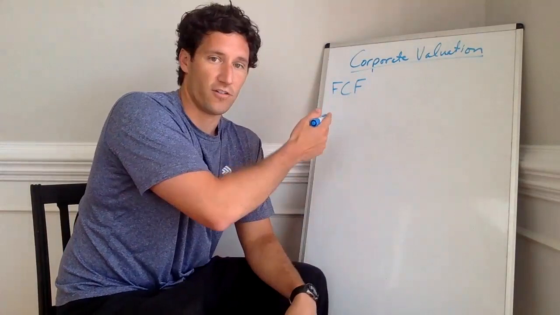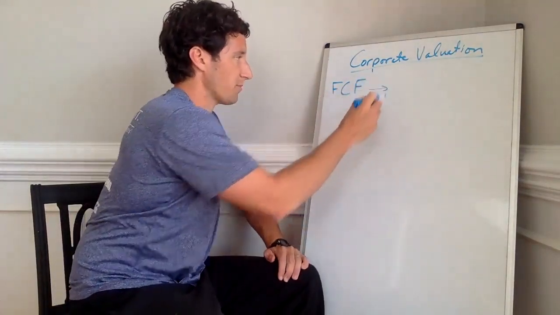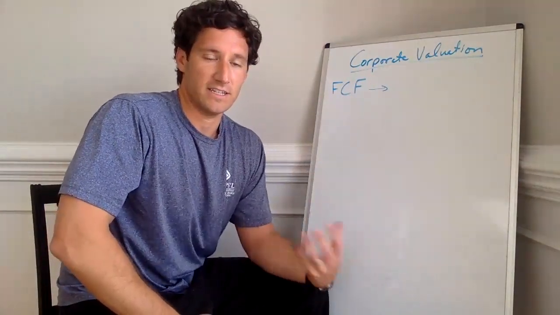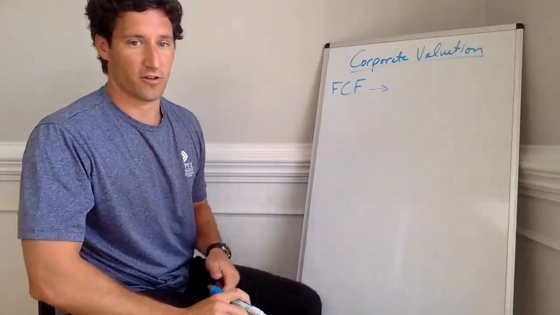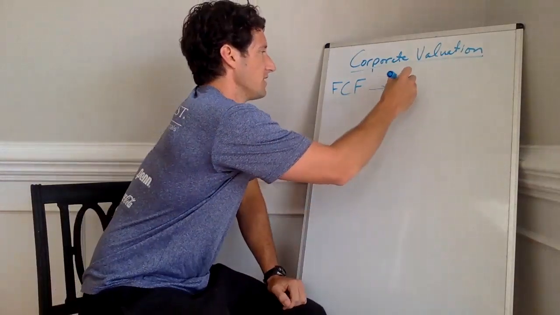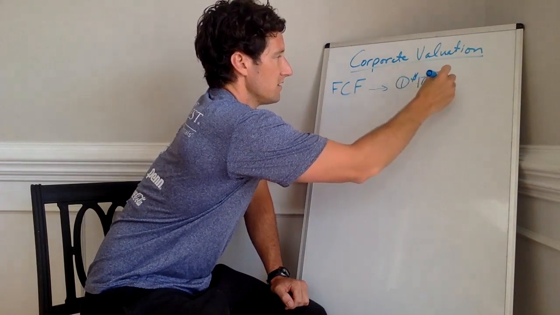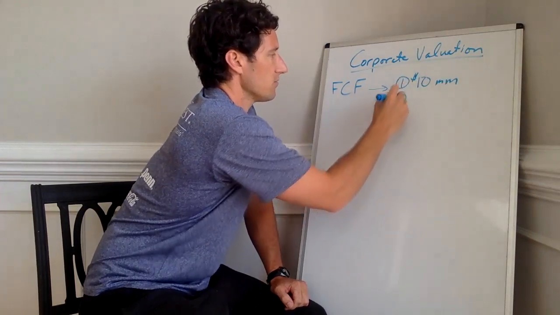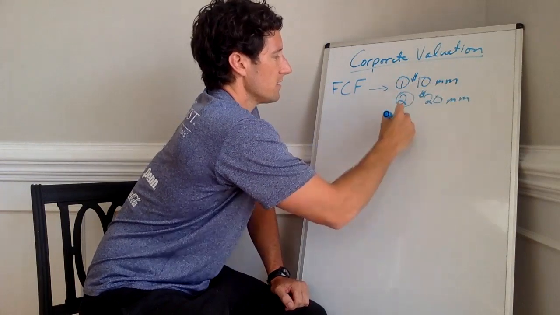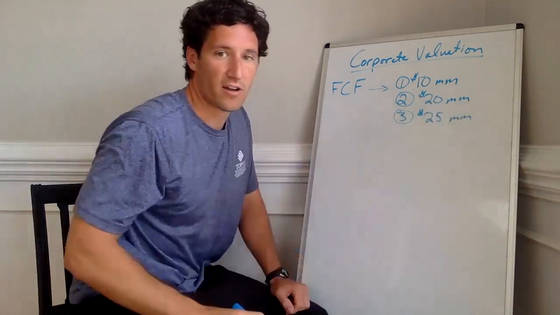So you're not going to have to solve free cash flow here. I've already done that. It will be given. I'm going to give you a few years of free cash flow, and we'll use that information to discount it back and figure out what the firm is worth today. So if our free cash flow in year one, let's say, is $10 million, in year two, let's say 20 million, year three, 25 million.